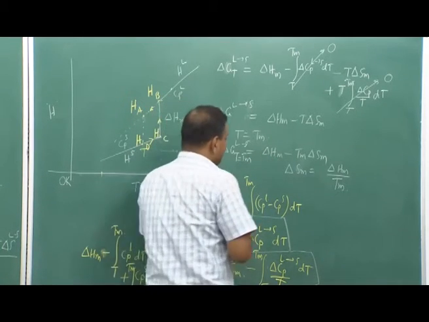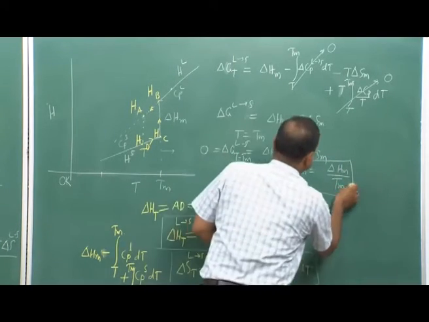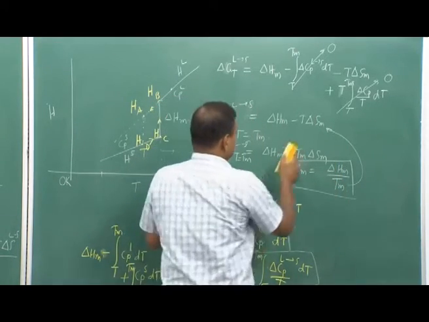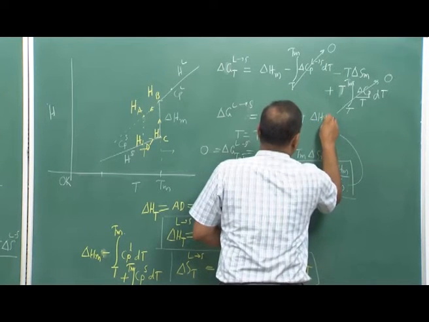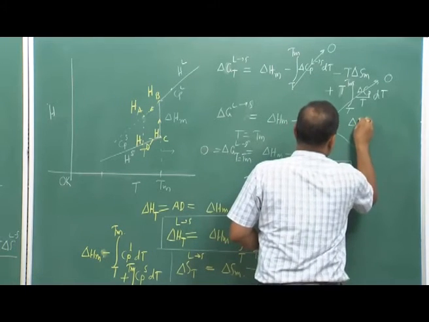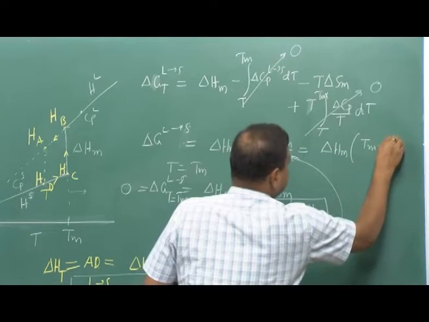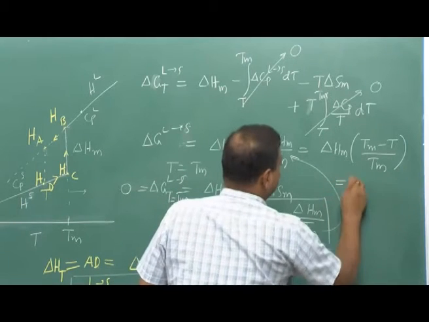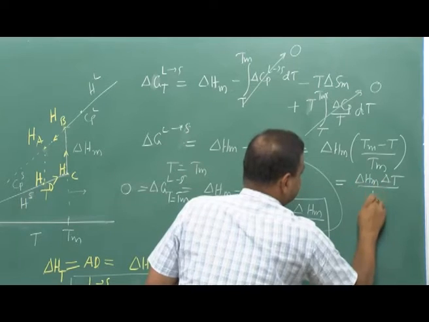Now, if I know this expression and replace it here, what do we get? It becomes del Hm times Tm minus T by Tm, which I can simplify as del Hm del T by Tm.